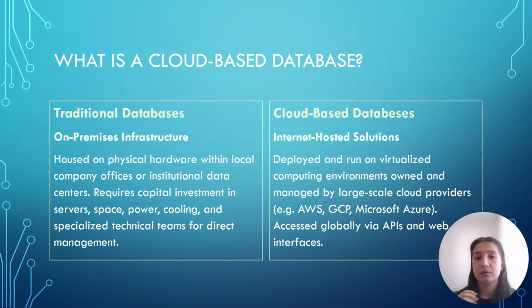Instead of buying physical hardware, organizations rent virtualized database storage and computing power from massive cloud providers. The data lives on remote servers managed by third parties, and users or applications interact with it securely over the internet. Essentially, it turns database infrastructure from a physical asset into a flexible digital utility.